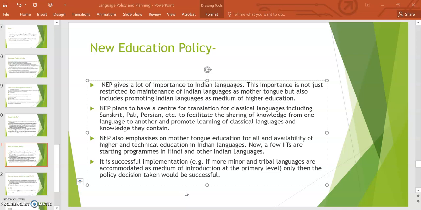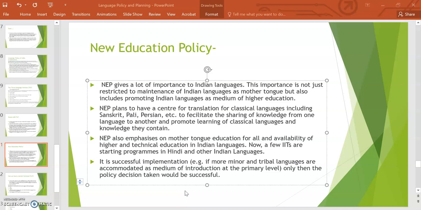NEP also emphasizes mother tongue education for all and availability of higher and technical education in Indian languages. Now, a few IITs are starting programs in Hindi and other Indian languages. It is successful implementation that will tell us how successful this policy is going to be for Indian languages.